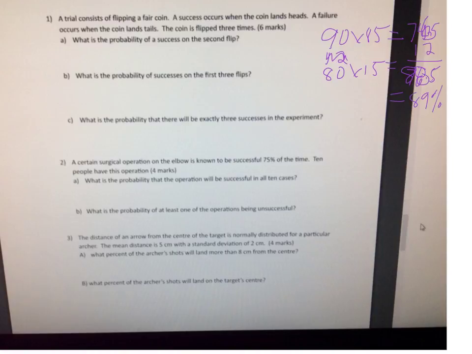So let's look at these questions. The probability of success on the second flip and so on for the coins. What you want to do is start by either making a tree diagram, or in this case it's probably easier to just make a list of the 8 possible outcomes when you're flipping a coin 3 times. There's 8 of them.